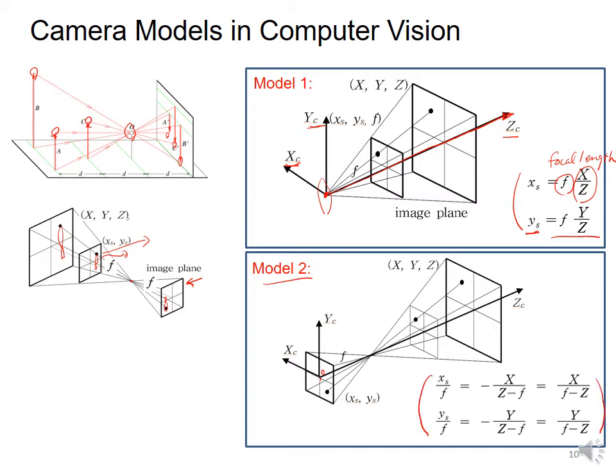So xs can be achieved by x times f. So this is the equation for xs. So the difference is that instead of using z, in this equation we use f minus z.